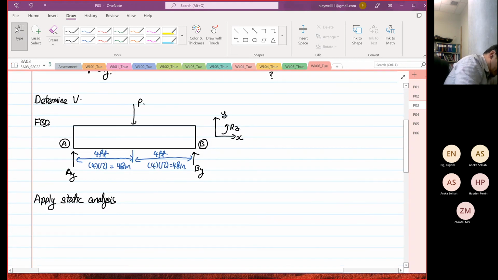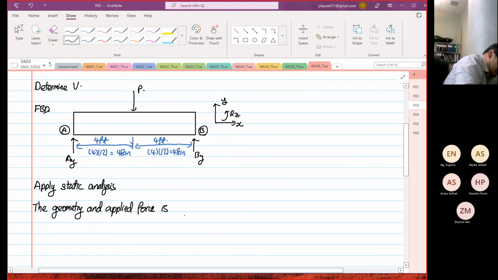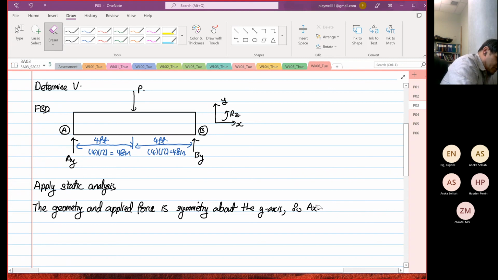Knowing that the structure and the geometry and applied force is symmetry about the y-axis, therefore Ay is equal to By.